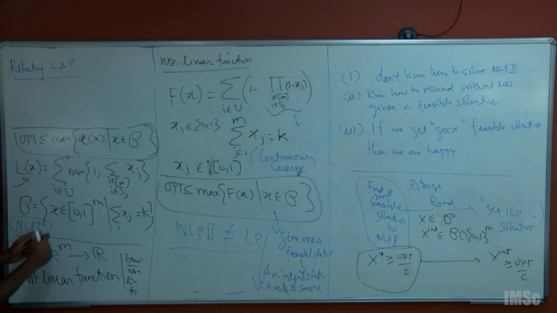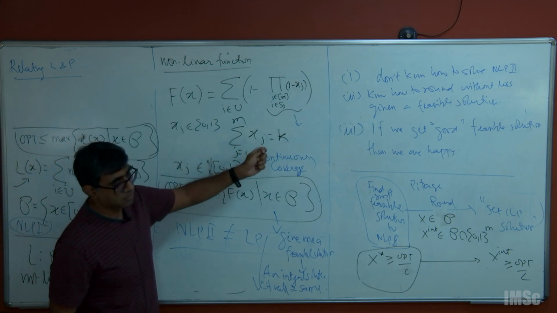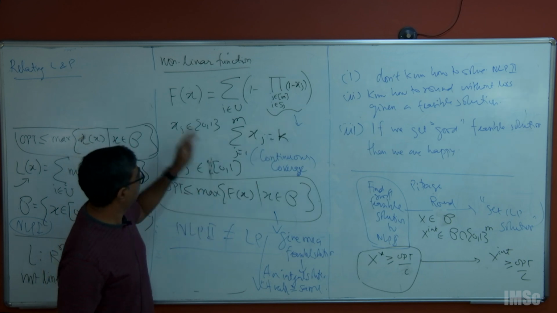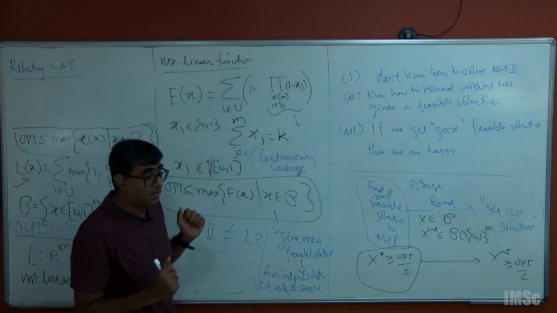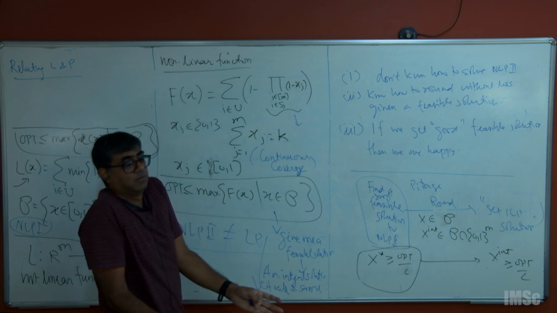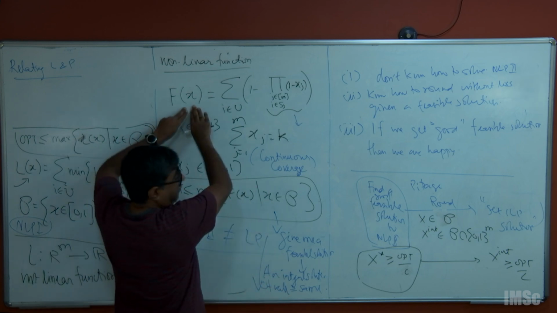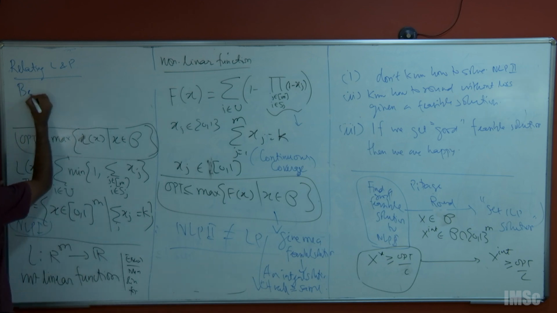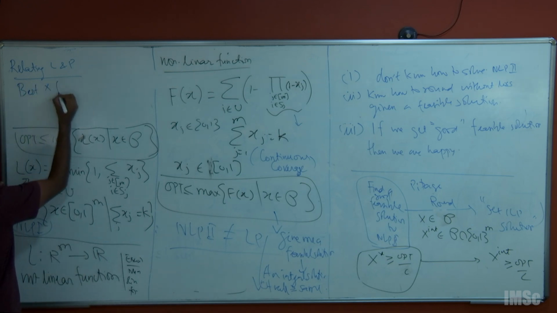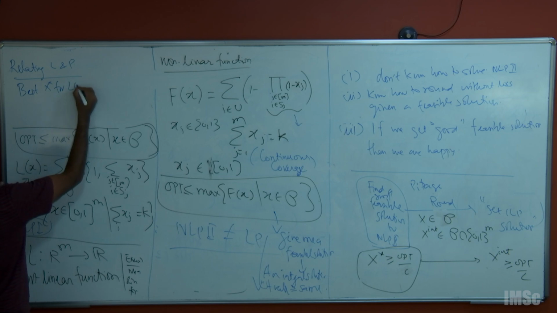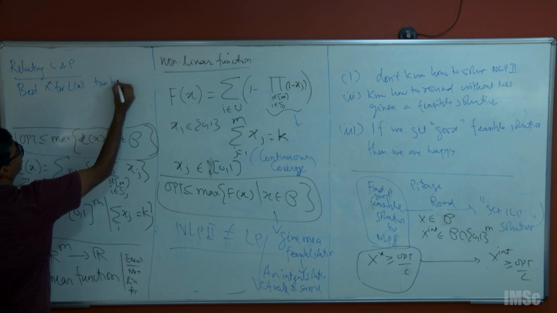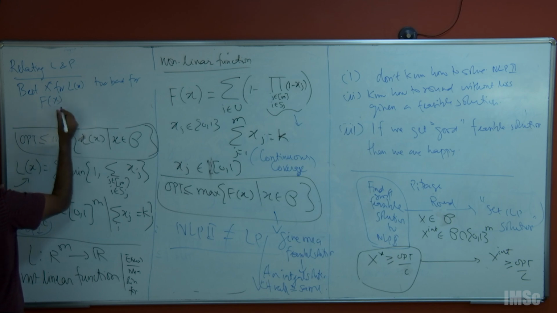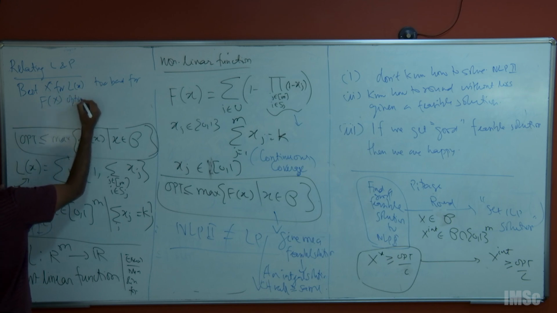That x is also feasible here. Notice, summation of x_j equal to k, x_j is between 0 and 1, and this gives some value. It's just that, what is that value? Is that value too bad for f of x? What I mean to say is, is the best x star for L of x too bad for f of x optimization?